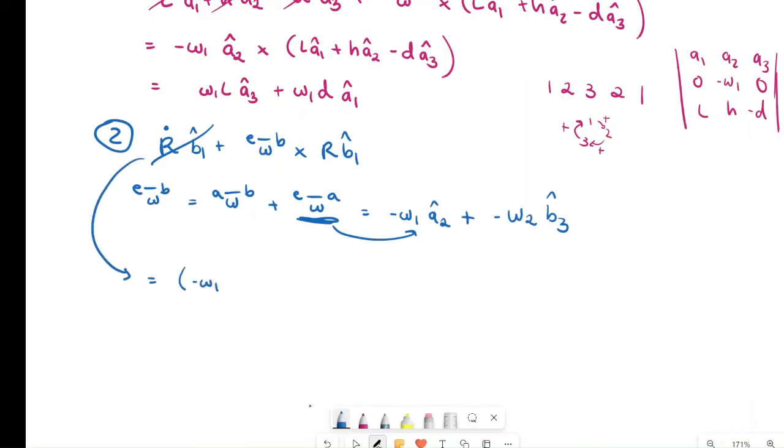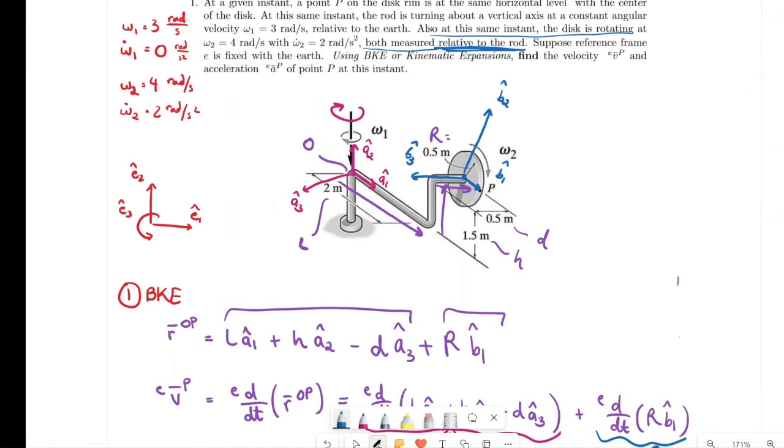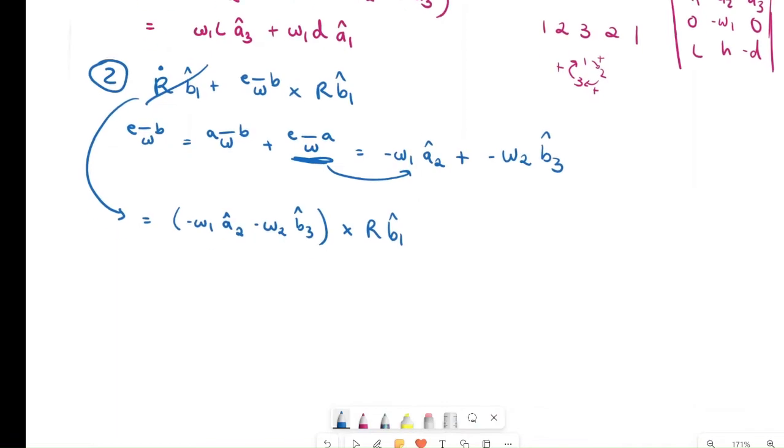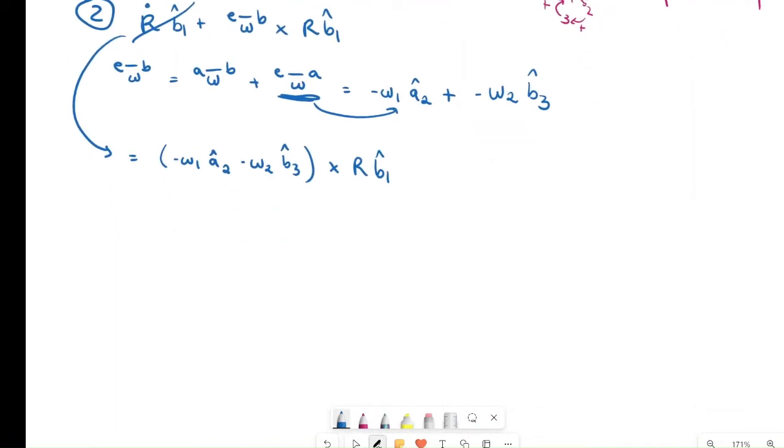We now have negative omega 1 a2 hat minus omega 2 b3 hat, crossed with our b1 hat. The issue again is this a2 hat term. You could convert all of them into the b frame or all of them into the a frame, but personally I think it's easier to convert everything into the b frame. So that's what I'm going to do: convert a2 hat into b hat terms.